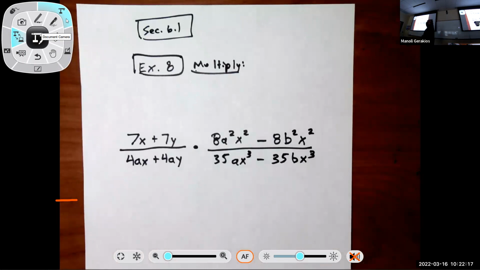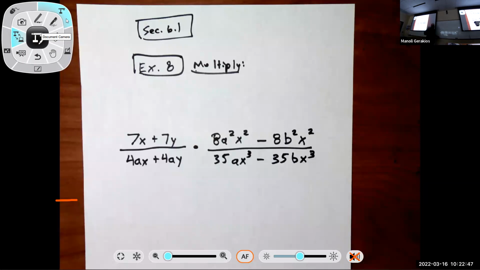How do you usually multiply fractions? Straight across, right? You have two fractions, with multiply in between. It's true. When we do fractions, we multiply straight across. Do they really want me to multiply this whole numerator times this whole numerator, and this whole denominator times this whole denominator? No. Believe it or not.